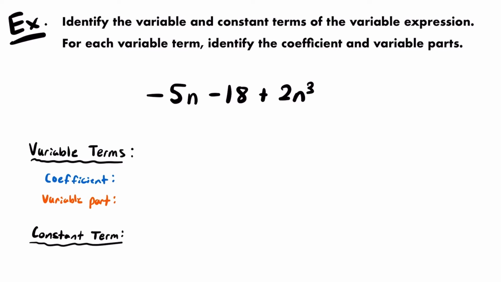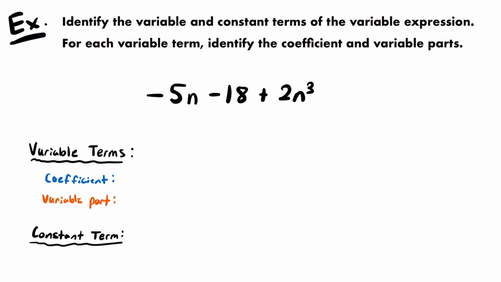And so for those 3 terms of our variable expression, which of them are constant terms and which of them are variable terms? Well, it looks like there are 2 variable terms, right? There are 2 terms that include a letter, which would be a variable. In this case, the letter being used is n. It doesn't matter what letter is being used. If you see a letter in an expression like this, that is a variable.